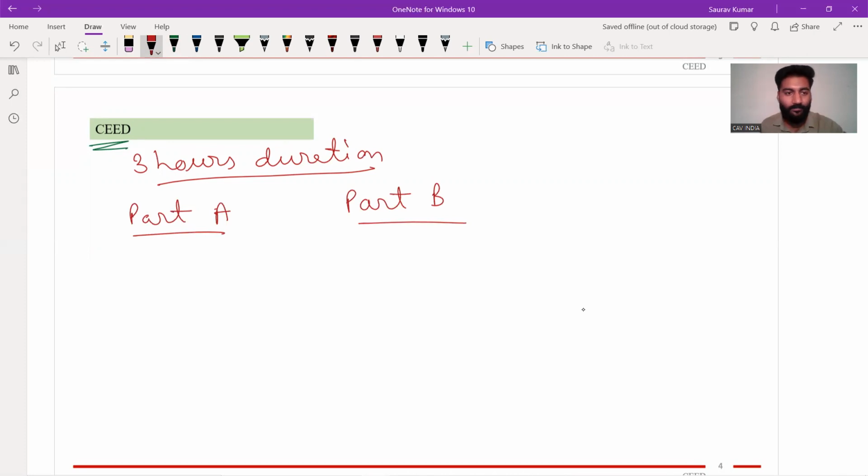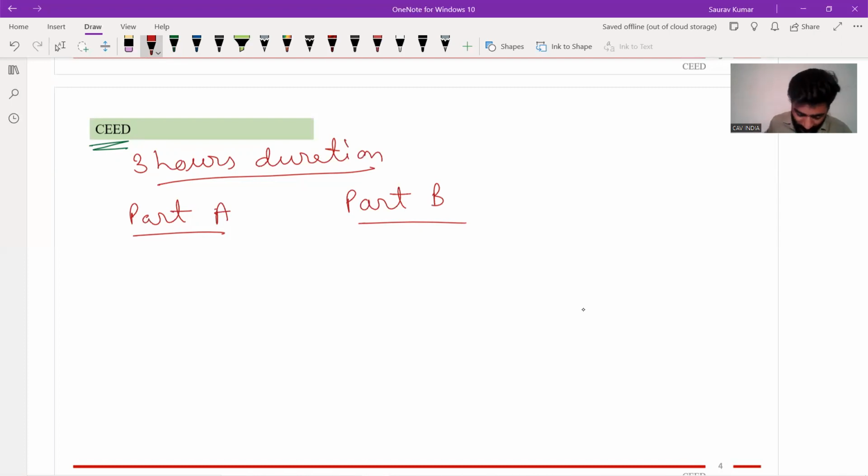Part A is for your aptitude or reasoning part, which is completely computer based online. Part B is your drawing part, in which you need to attempt part B on paper, but you also need to mark on the computer screen that you have attempted all these questions.